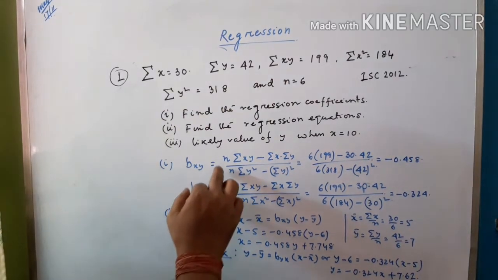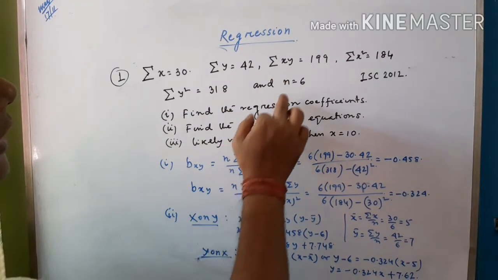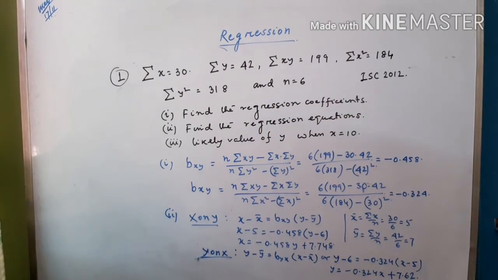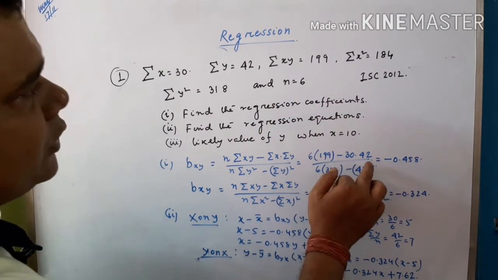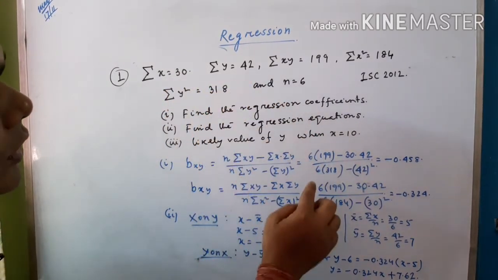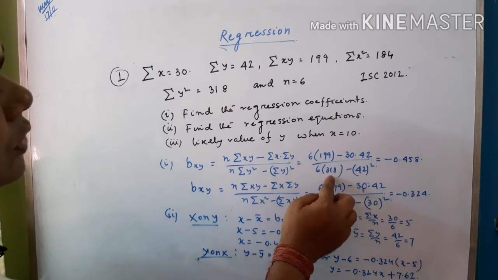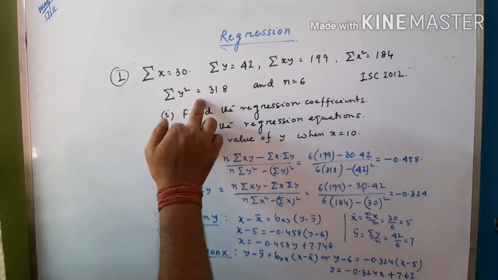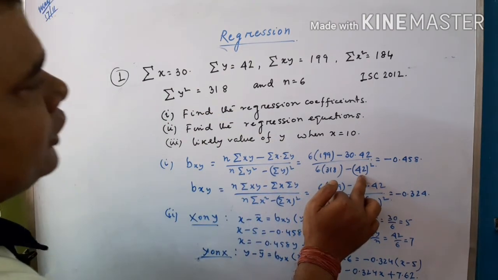So here I am putting n into sigma xy, n is 6, sigma xy is 199, minus sigma x into sigma y, that is 30 into 42, by 6 into sigma y square. Sigma y square is 318 minus sigma y whole square.